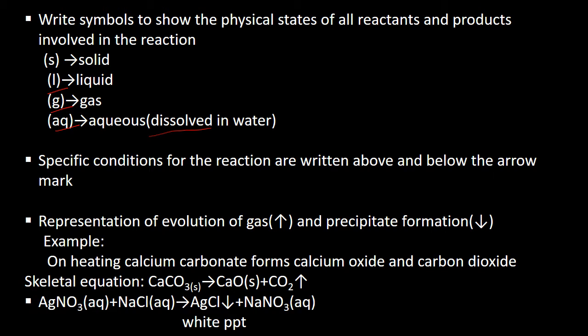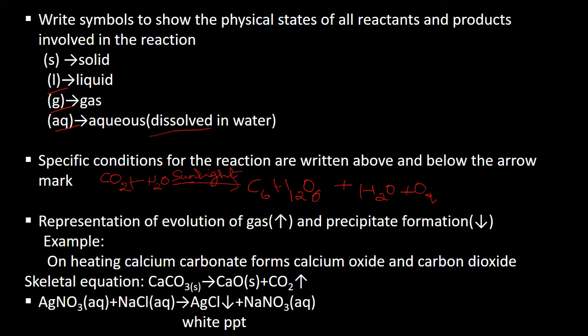Specific conditions for the reaction are written above and below the arrow mark. Take the example of photosynthesis, then you can understand that easily. Carbon dioxide plus water gives glucose, C6H12O6, plus O2. Here carbon dioxide and water combine in the presence of sunlight.